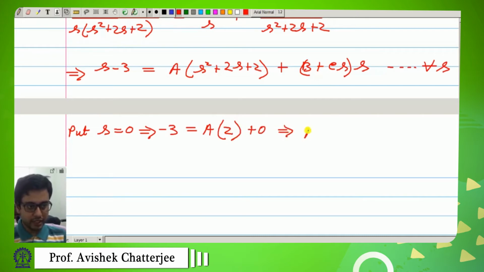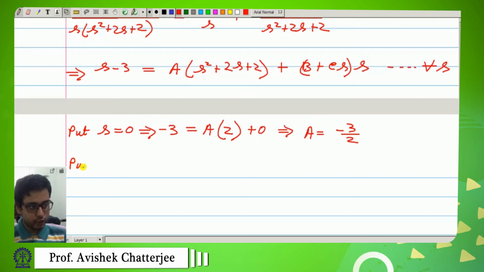That implies a is equal to minus 3 by 2. Now we may put other values of s in this identity and thereby we will get b and c.